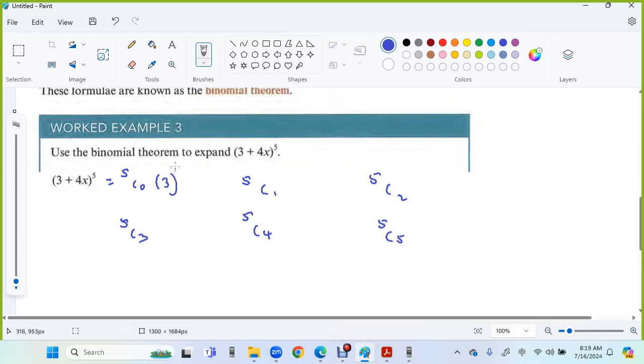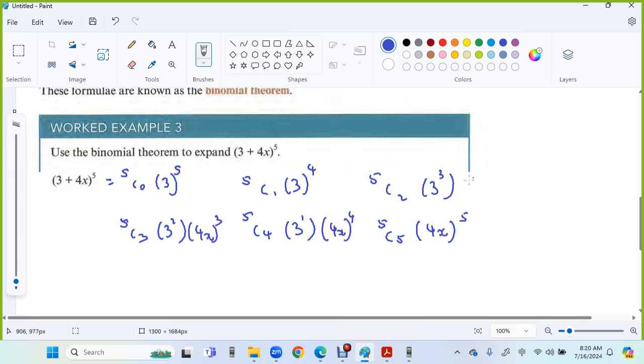Then we have 3 to the power 5, 4, 3, 2, 1, with no 3 in the last term, and 4x to the power 1, 2, 3, 4, 5.